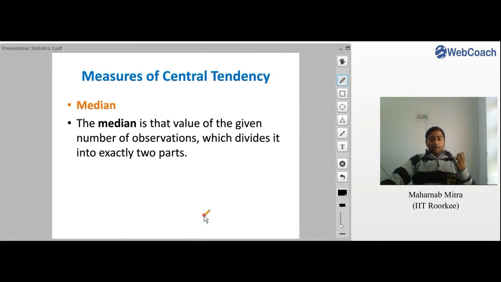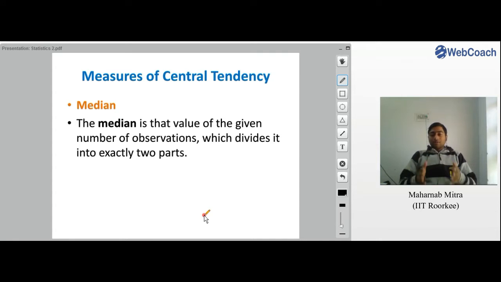Okay, so now let us come to the next topic, which is median. Median is that value of the given number of observations which divides it exactly into two parts. If a given set of data is there, then if we find out the central value, the central value will of course divide the data into two equal parts, and that central value is called the median.